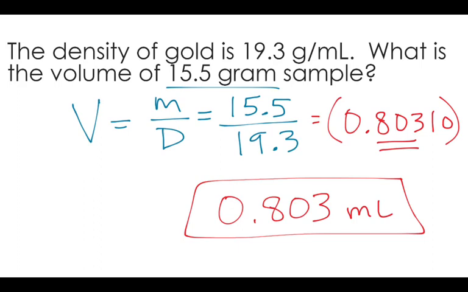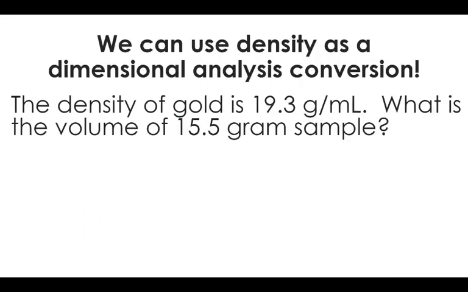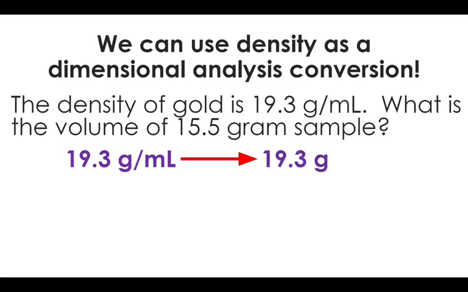Now, I mentioned we could also use density as a conversion factor. So let me show you that. This is the exact same problem I just worked out before. But now, if we use this density that's 19.3 grams per milliliter, and we break apart the grams and the milliliters. When we say grams per milliliter, that means we have 19.3 grams in 1 milliliter.